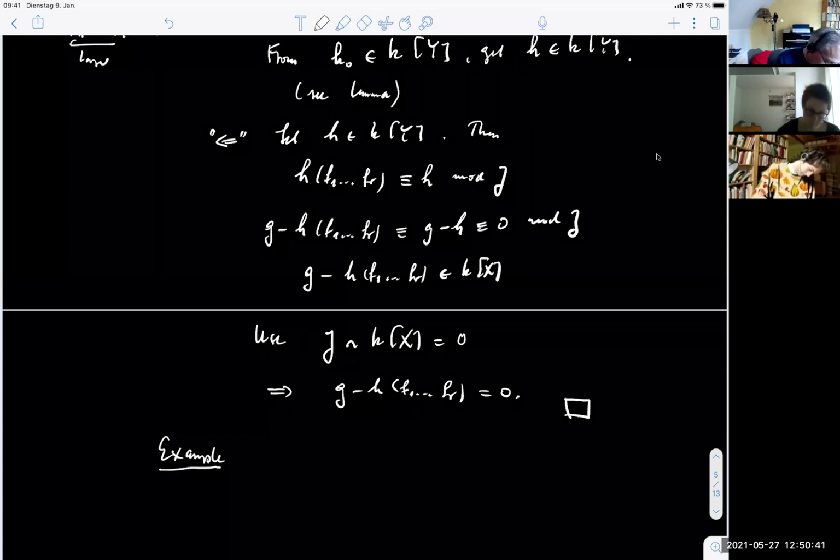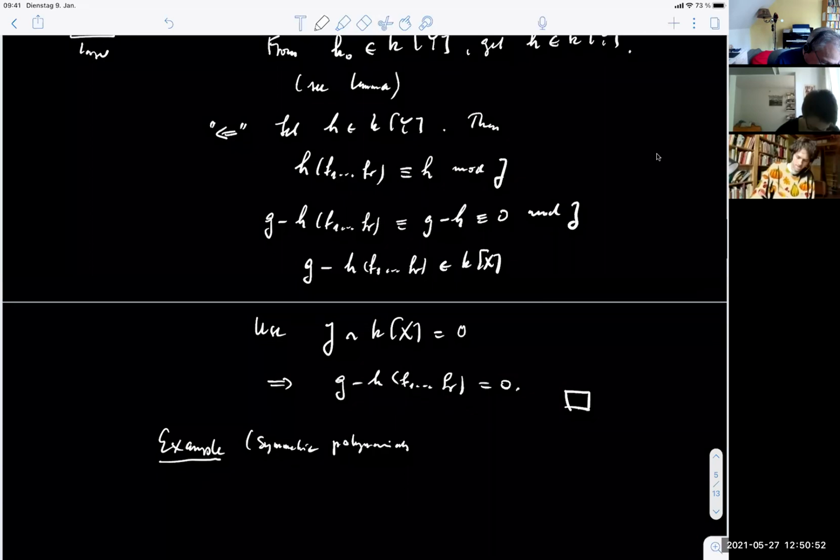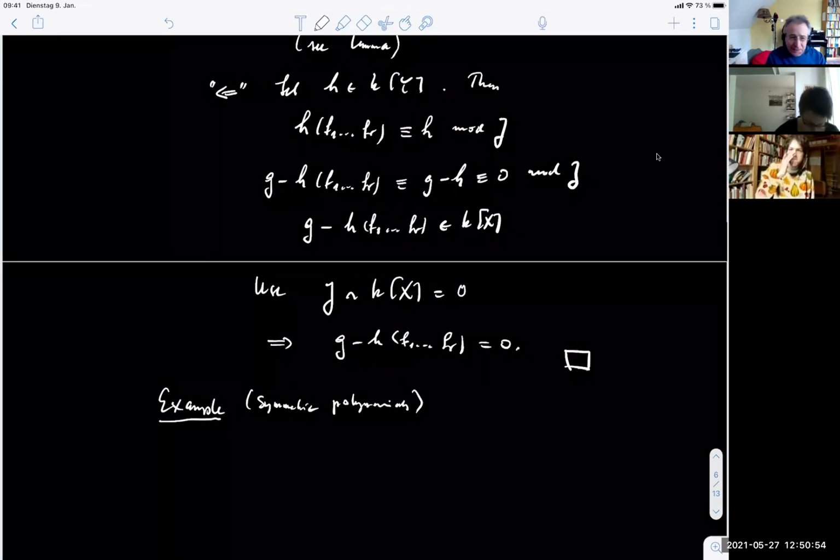Symmetric polynomials. Let's do it just for two variables. I don't want to be complicated, okay?